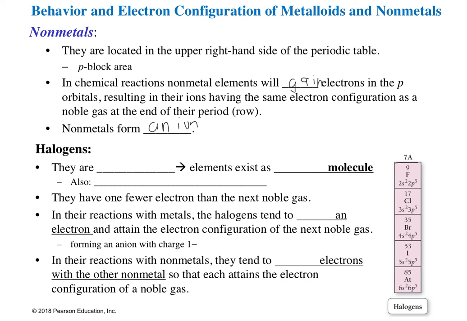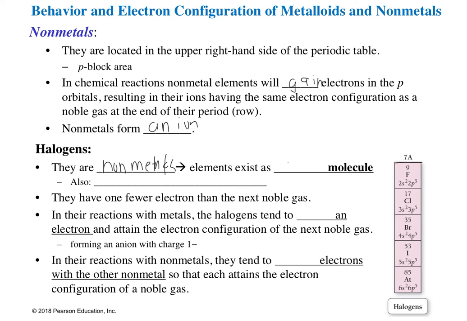Halogens are in the 7A, so they're one row away from the noble gases. They need to gain one electron to form a noble gas configuration. They're nonmetals.